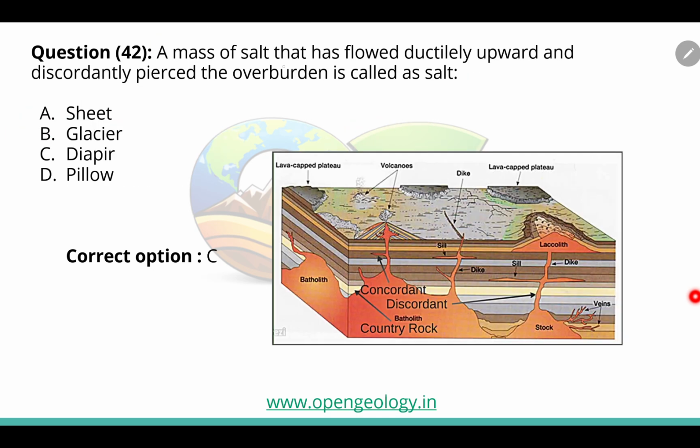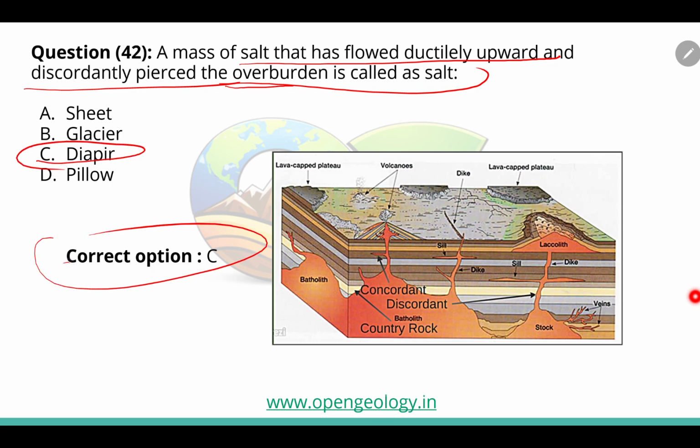Another question: a mass of salt that has flowed ductilely upward and discordantly pierced through the overburden is called a salt diapir. What happens is the molten material comes upward, fractures the overburden and creates a dome-like structure, that is a salt dome.